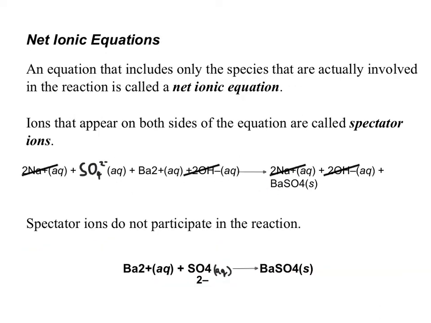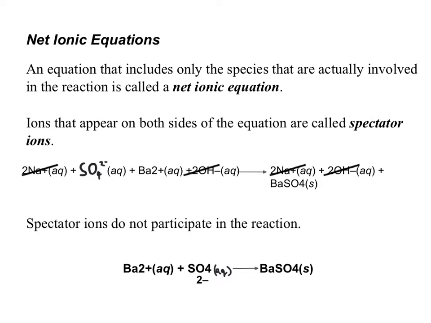Net ionic equations. An equation that includes only the species that are actually involved in the reaction is called a net ionic equation. Ions that appear on both sides of the equation are called spectator ions. So for example, we take the complete ionic equation, which looks like a hot mess, and we cross out the ions that we found on the left-hand side of the arrow and the right-hand side of the arrow.